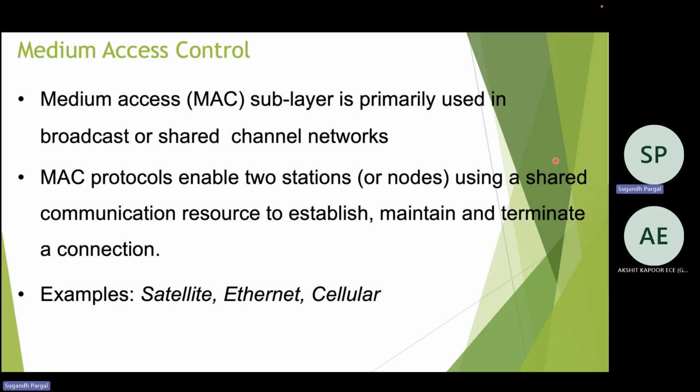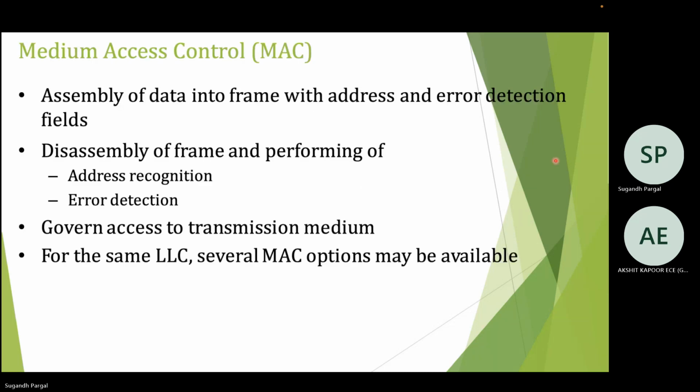So now we will talk about the medium access control layer, which is the MAC sublayer, and it is primarily used in broadcast or shared channel networks. MAC protocols enable two stations or two nodes using a shared communication resource to establish, maintain, and terminate a connection. Its examples are satellite, Ethernet, or cellular networks.